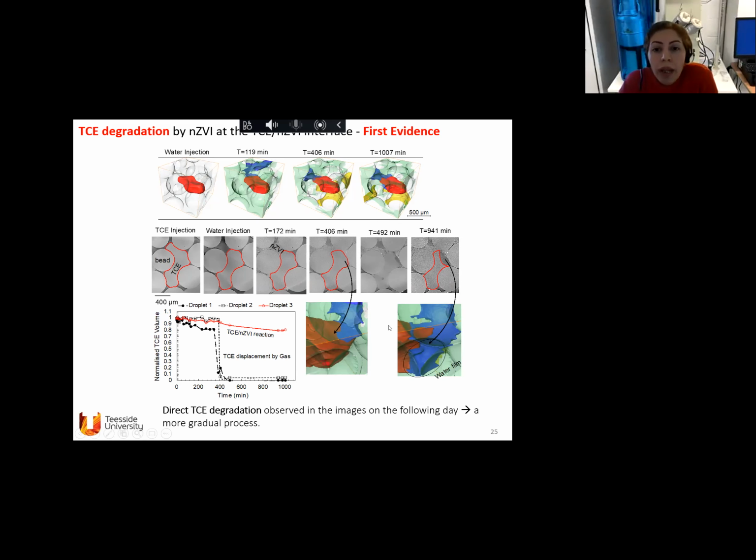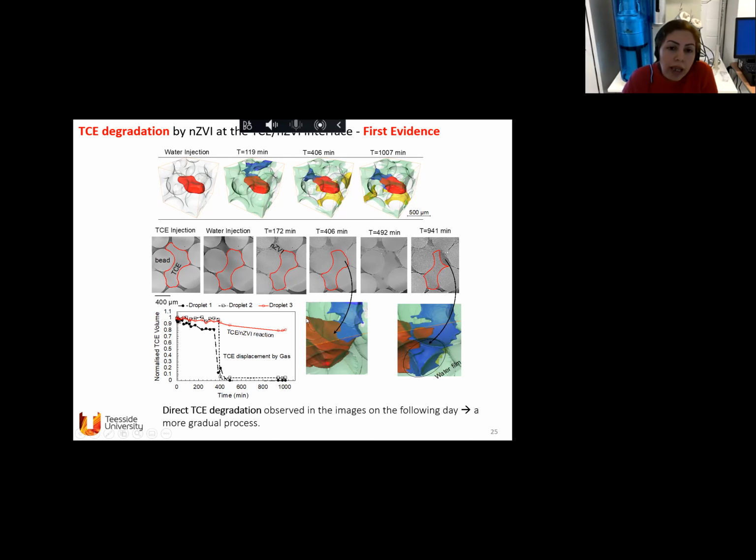And what we saw, and this is after we left the reaction to happen overnight and after we came back next day, so this is quite some time later, is that there is an actual reaction happening, and the TCE droplet is actually being degraded directly at the interface that it has with the nanoparticle phase.